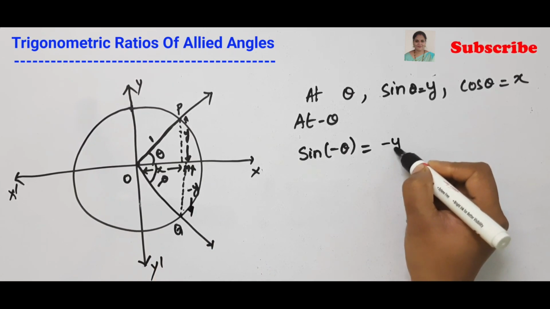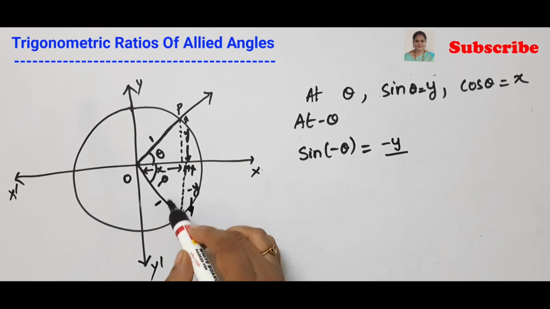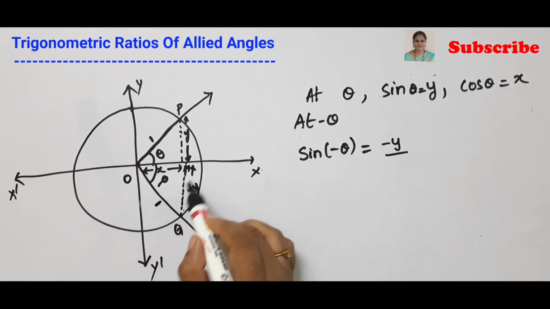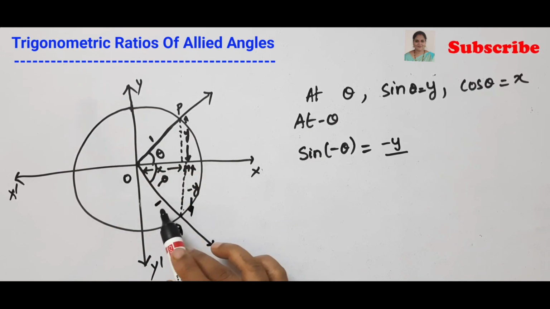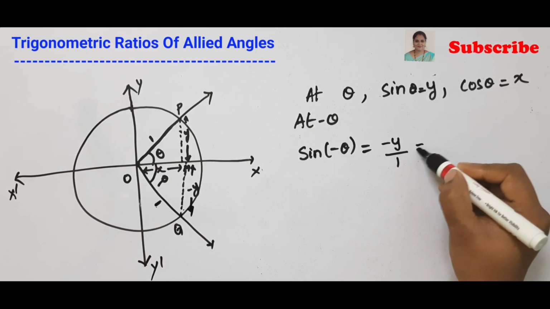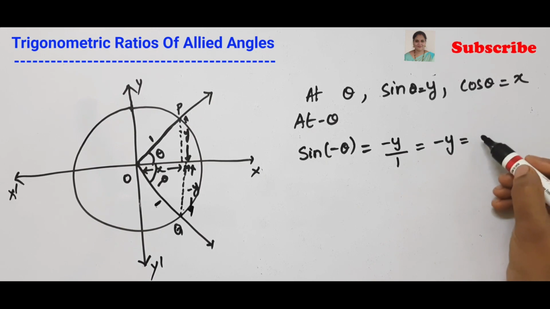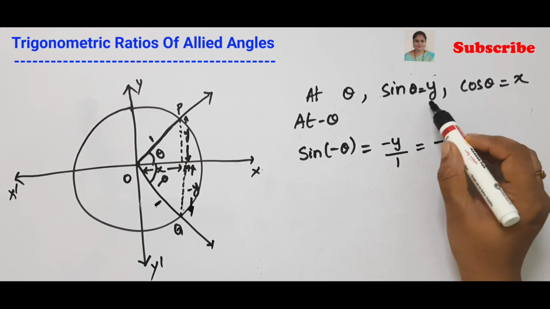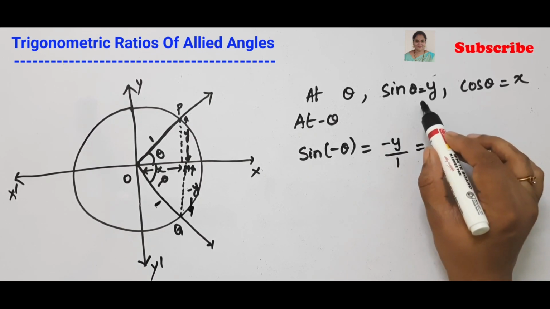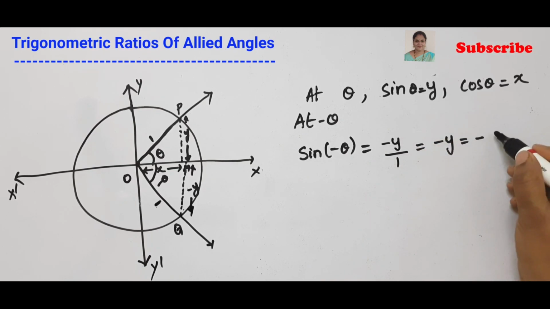So minus y by hypotenuse. The hypotenuse is 1, because we have drawn a unit circle of radius 1. So this is equal to minus y. Minus y is nothing but minus sine theta value, because at theta we calculated that sine theta is equal to y. So minus sine theta.